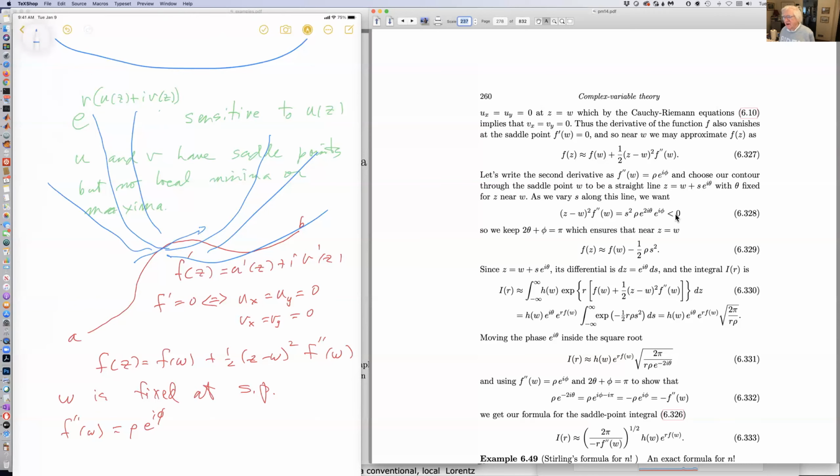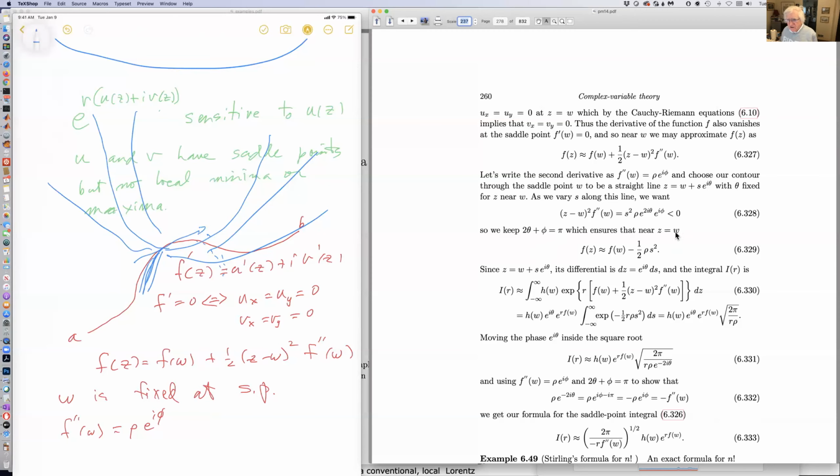We want to keep this negative so that we've got this thing that's effectively a Gaussian here, and then on the other side, another Gaussian. And so to do that, we set 2 theta plus phi equal to pi.